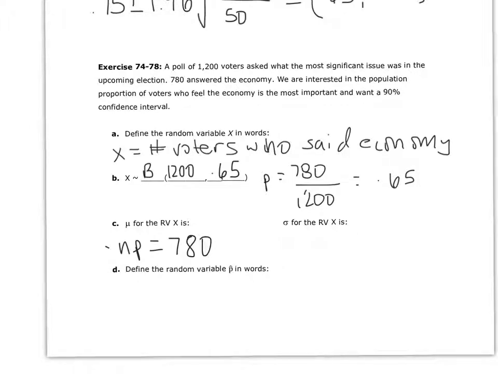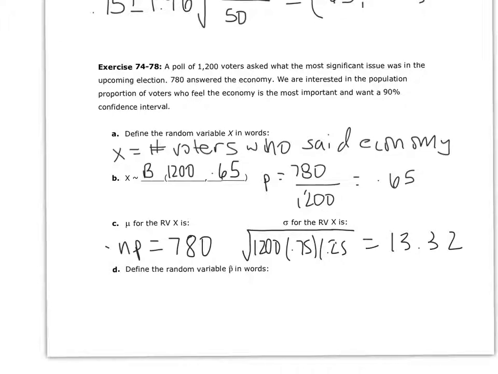And the standard deviation, we take the square root of n, which is 1,200, times p, 0.65, times 0.35, which is q. And that gives us a standard deviation of 13.32.